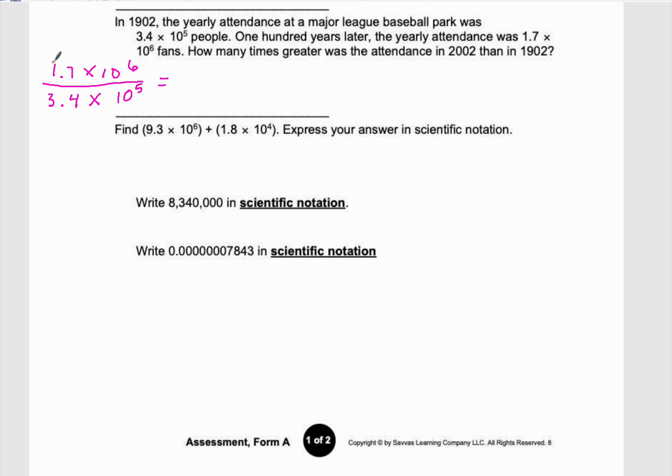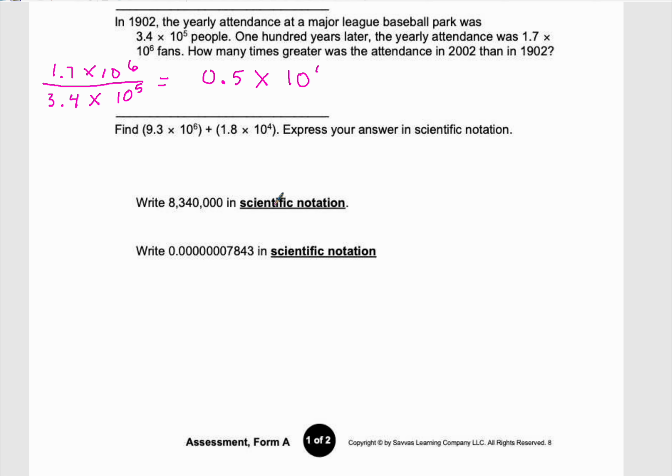So 1.7 divided by 3.4 is 0.5. This is one you need to definitely show some work on. And then what do I do with my exponents? Subtract. Since we're dividing, you subtract. Times 10 to the 1st. 6 minus 5 is 1.